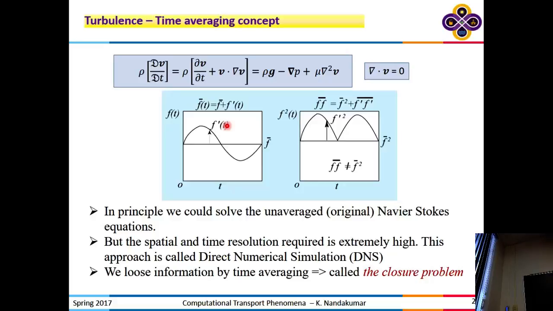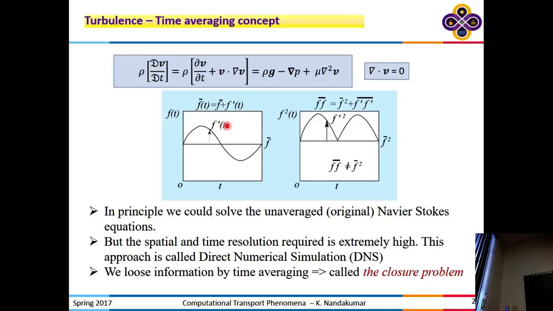But I'm also going to get v bar dot del v prime and v prime dot del v bar, and v prime dot del v prime, something like this.